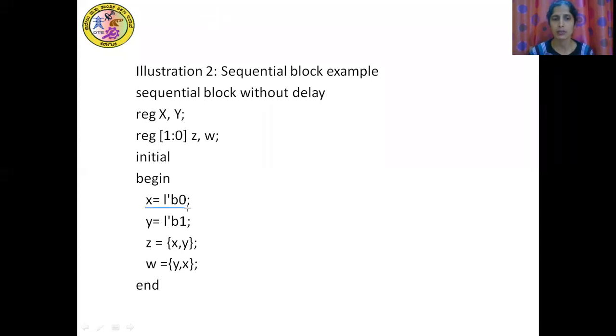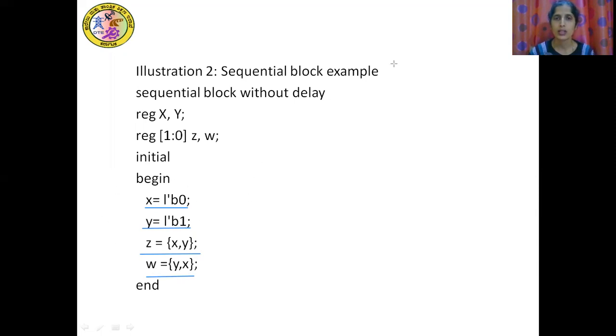Since there is no delay, the statements will be executed at 0 simulation time, one after the other.